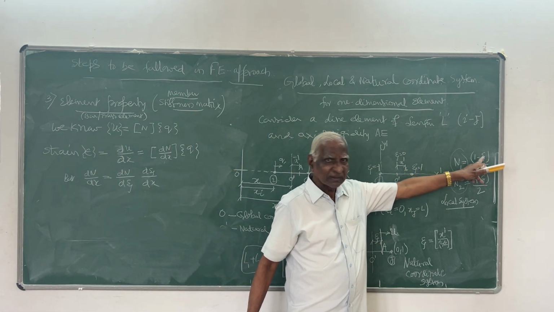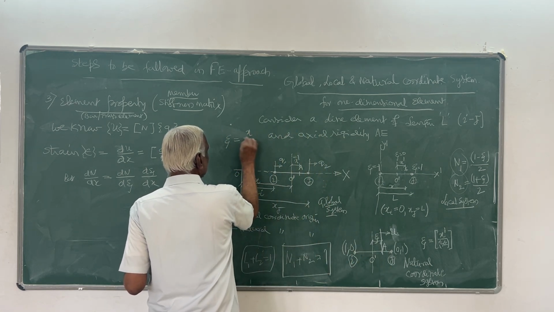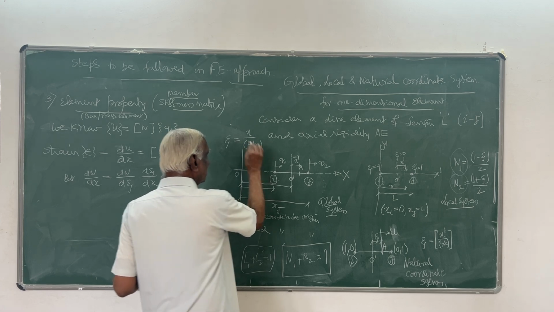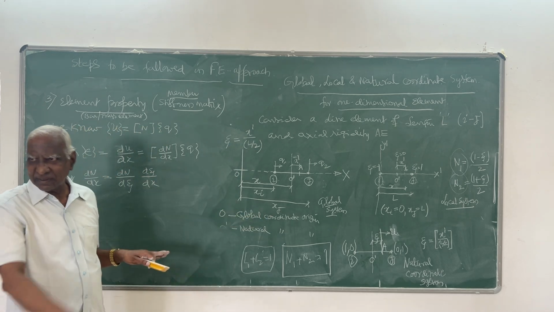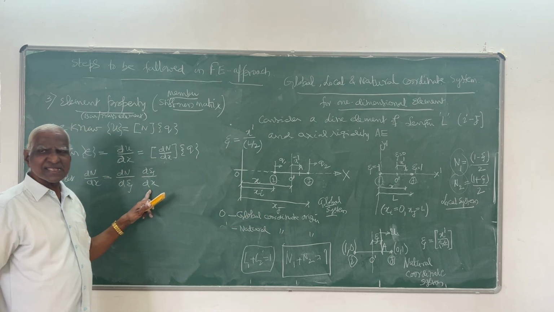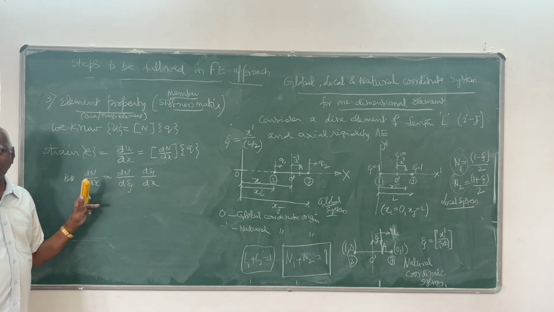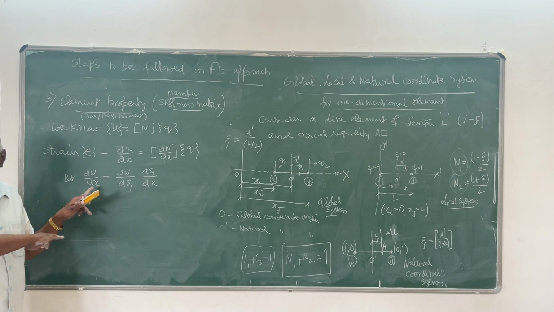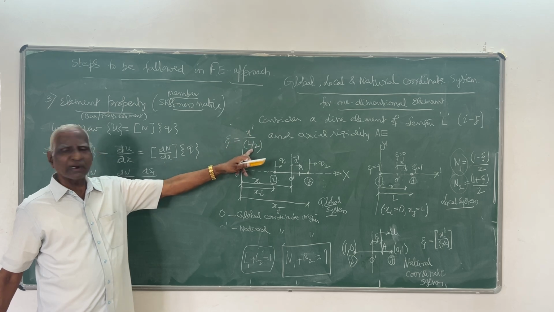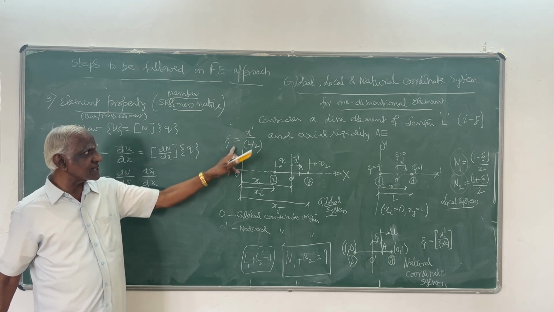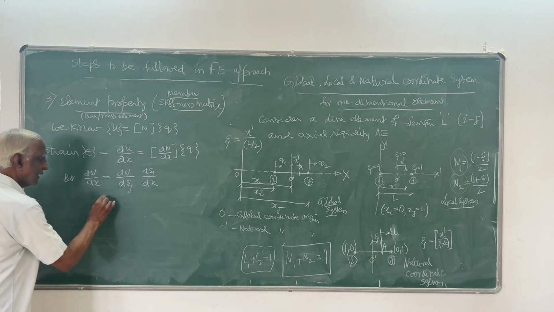This psi is after all, I told you, the ratio of x by x dash, that is the local coordinate system length. So d psi by dx or dx dash are the same here. Local coordinate system or global coordinate is the same x direction. Right? What is this dx dash by dx? d psi by dx is 2 by L. Right?